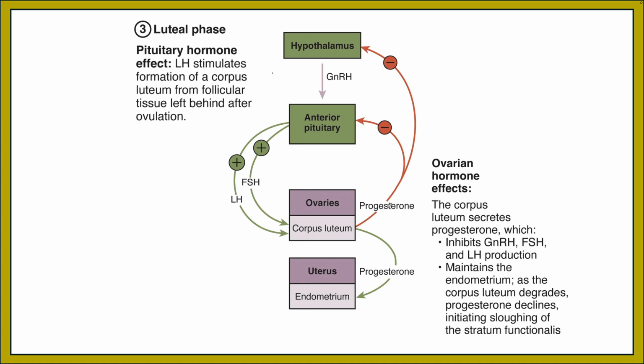Instead, you're producing progesterone, or estradiol, I should say, has gone down, which has that negative feedback effect. The corpus luteum is producing these as stimulated by the LH and FSH, also producing the progesterone, causing the endometrium to basically make the surface of the uterus ideal for pregnancy to occur.